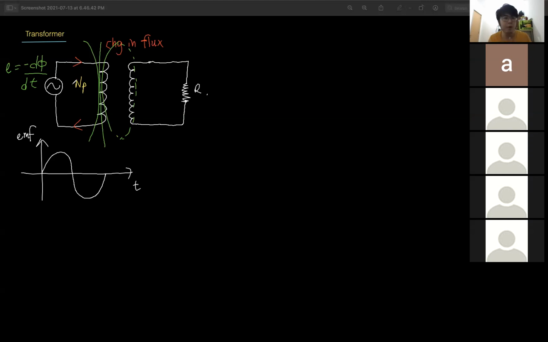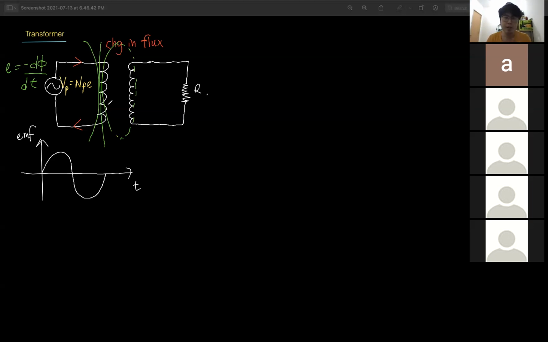N stands for number of coils, P is the primary circuit. I multiply the number of coils into my E, which is the EMF for one coil, and I get the total voltage. So NP times E, I get VP. That is the voltage in the primary circuit, equals the number of turns times the magnitude of the induced EMF.